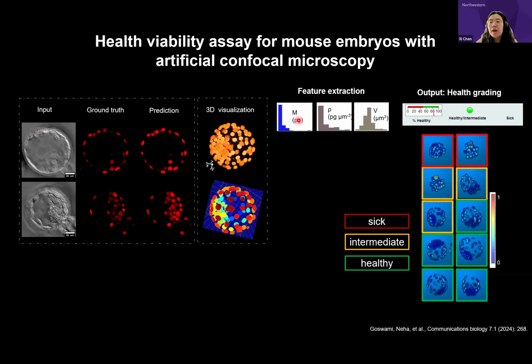We also extract features using those images, and using the ACM-based method, we can also look at the fluorescence signal computed by this network. Overall, with all this information included, the network will give you a score to indicate the healthy level of this candidate.